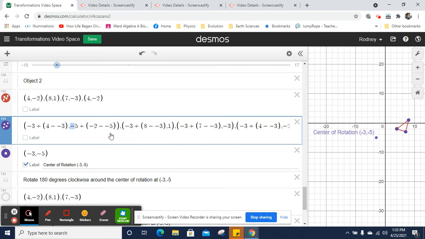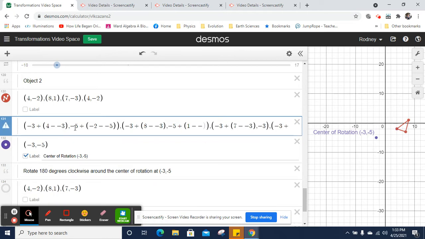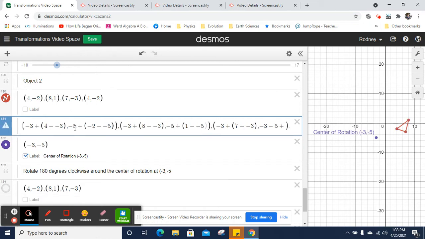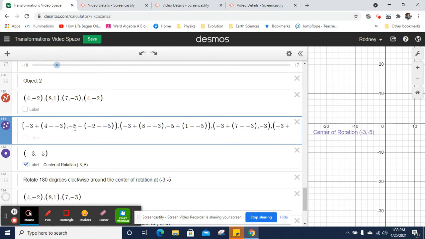So that's going to be -5 plus, okay, hang on, let me do it this way. -5 will be plus each of these. So I'm going to have -5 plus, in parentheses, 1 minus -5. This negative 3 will be negative 5.